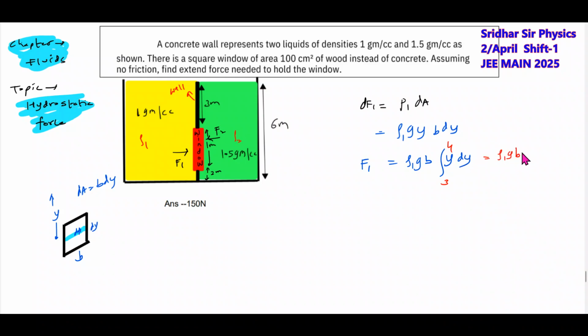We'll get rho 1 g B times the integral of y dy, which becomes y square by 2, from 3 to 4. This will be F1, so rho 1 g B by 2 into (4 square minus 3 square), which is 16 minus 9, and 16 minus 9 will be 7.